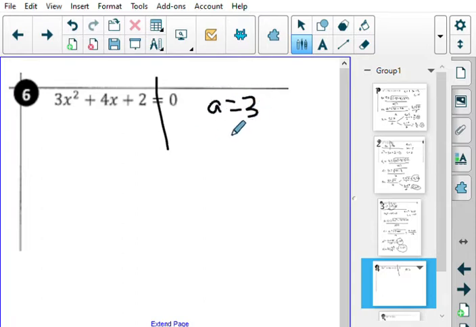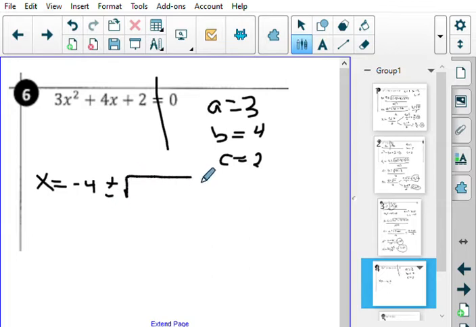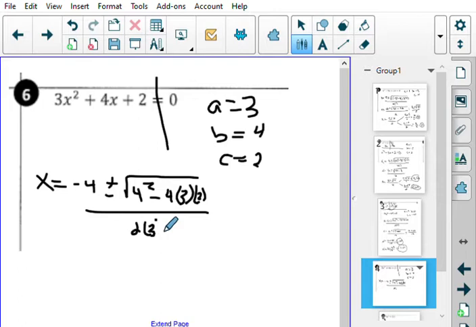So A is 3, B is 4, and C is 2. So if we do this in the quadratic formula, we get negative B or negative 4 plus or minus the square root of 4 squared minus 4 times 3 times 2, all divided by 2 times 3. And we know we have no solution when the value underneath the square root ends up being negative.